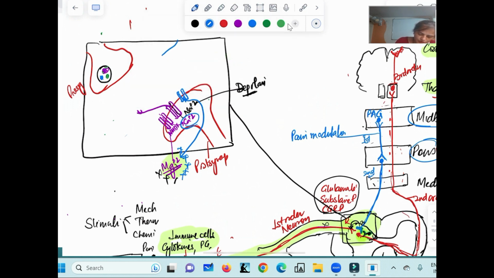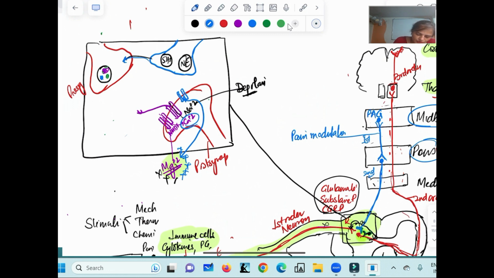Now what they have is 5-HT and norepinephrine. Okay. Now this descending or modulatory pathway is going to send its inhibitory influence on this presynaptic neuron.